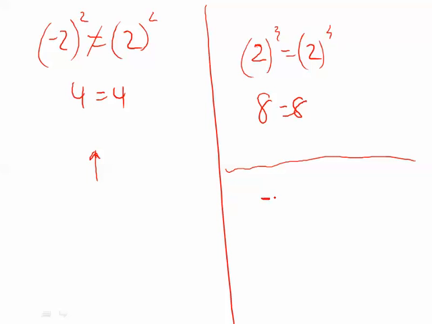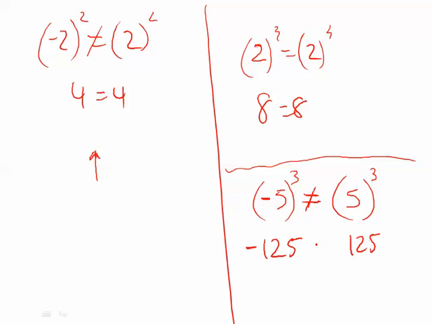What happens if this is a negative 5, this is a positive 5? If I take it to an odd power, do I get this extraneous solution situation? I don't. That's cool, because 3 negatives multiplied still keep a negative. So that's cool, and I still keep my non-equal to symbol.